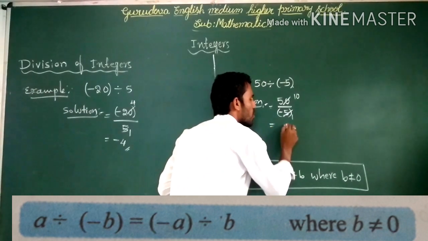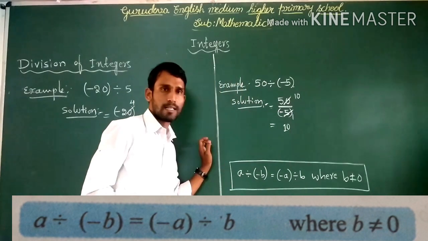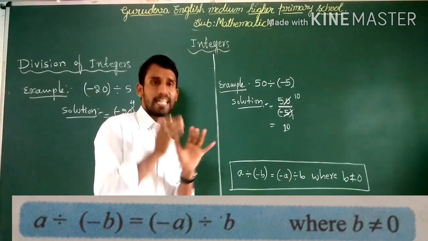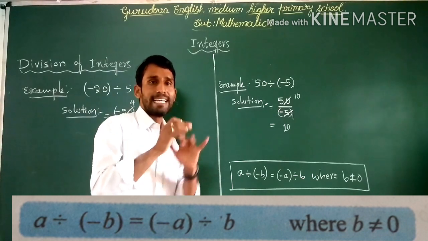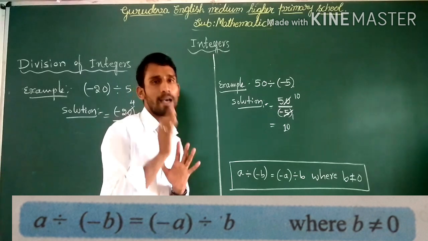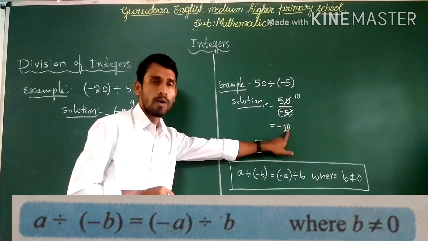We got the quotient 10. But we have one negative integer, so we put a negative sign before the quotient.